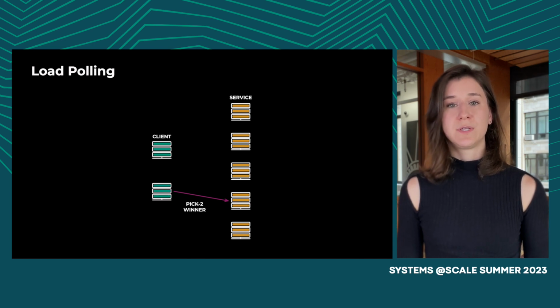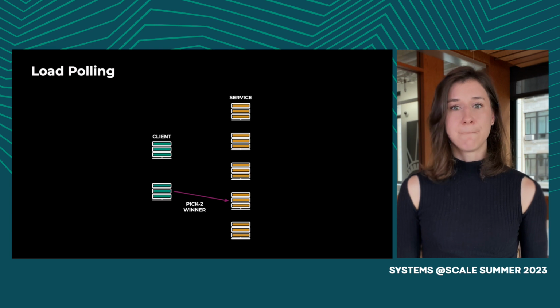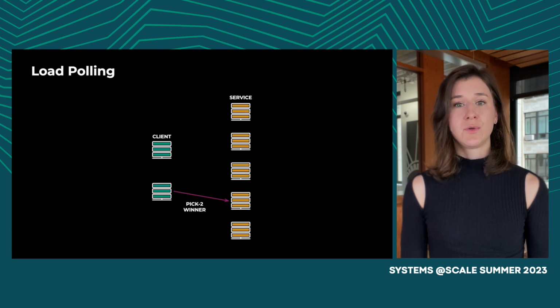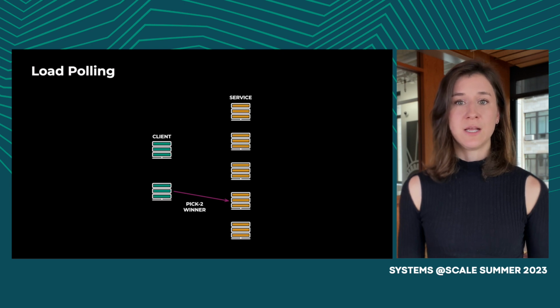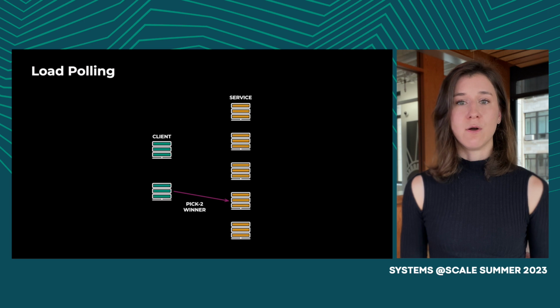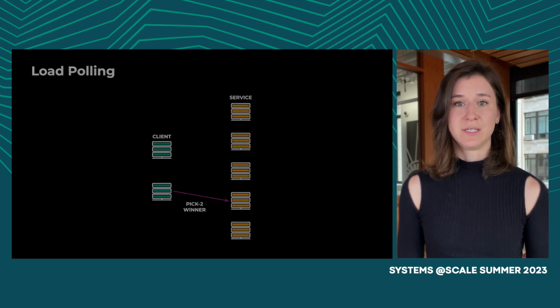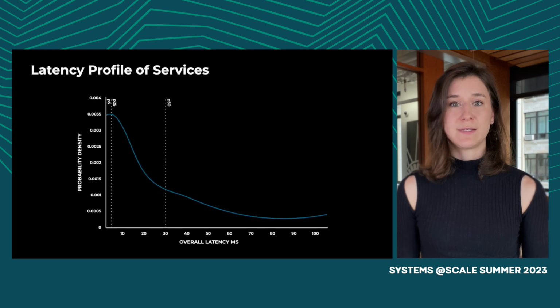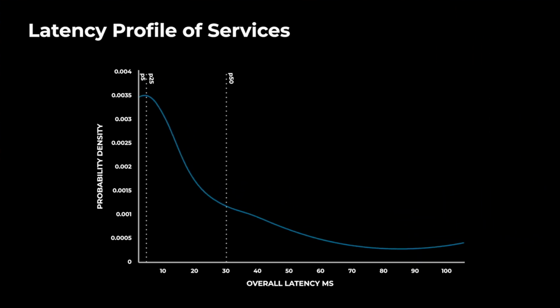However, we're introducing some inefficiencies here as well, because we just introduced 2 blocking requests in the critical path of the RPC just to fetch the load information. This can affect the overall latency profile of a service and make a service less efficient. To see why this is a problem, let's take a look at this histogram which shows the average latency of various microservices at the company.